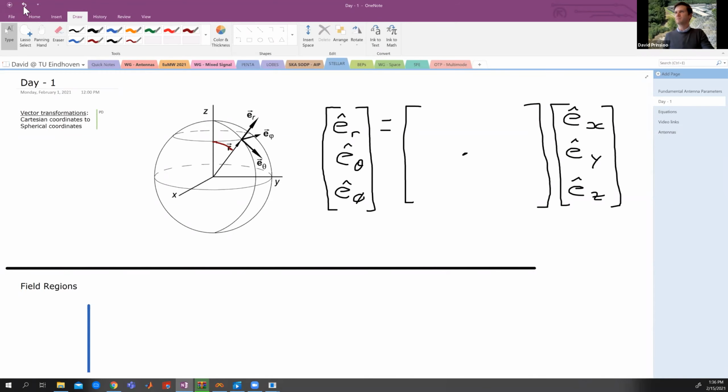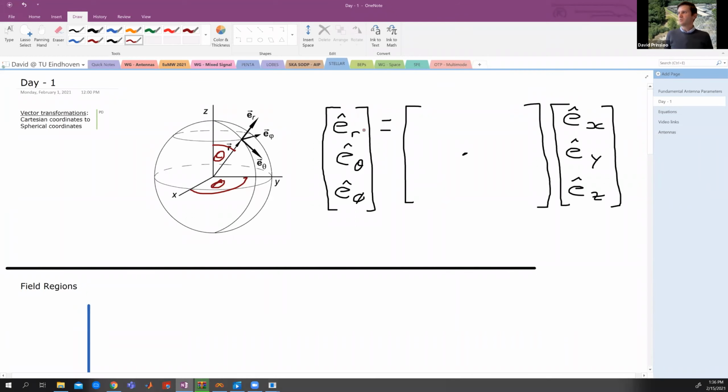Theta is defined from the z-axis, and phi is defined from the x-axis. This is just for reference. When we talk about the theta angle and the phi angle, please remember that phi is defined from the x-axis and theta is defined from the z-axis.